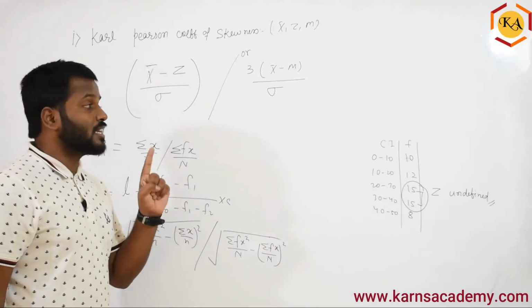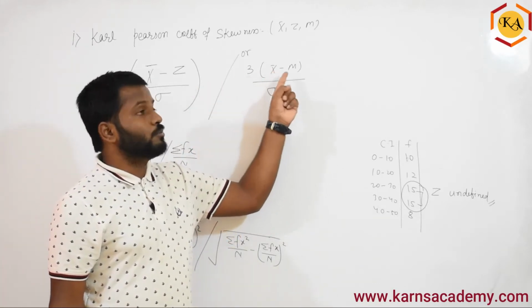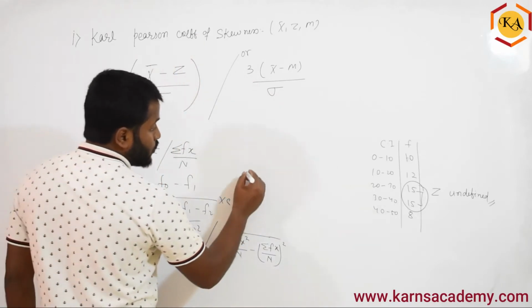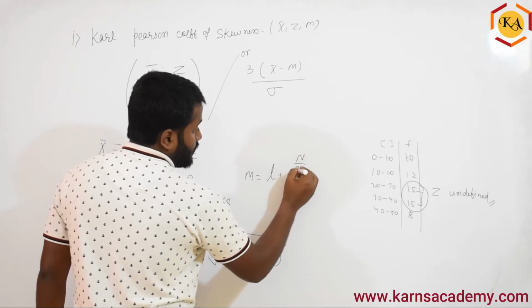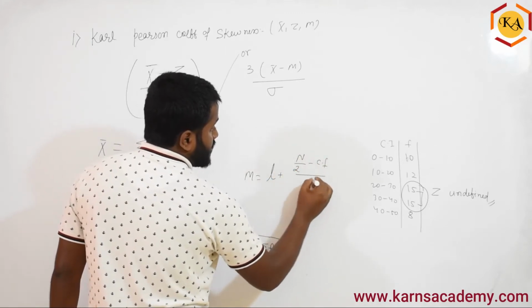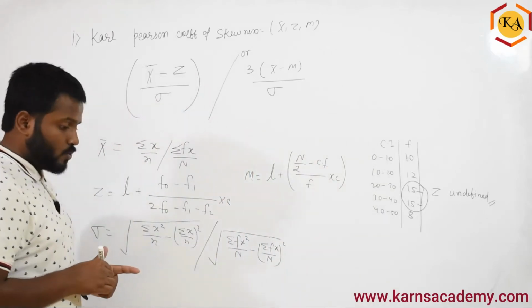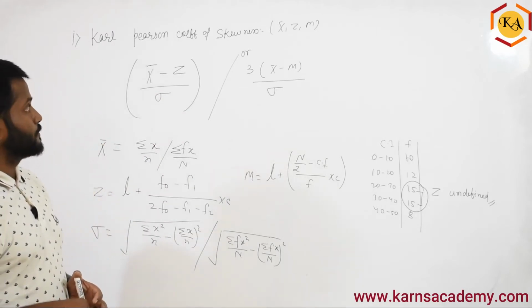Only if the mode is undefined, you use this particular formula, where instead of mode you use the median to find the skewness. And for the median, you know very well the formula: n by 2 minus cf by f into c. So this is how we calculate the Karl-Pearson coefficient of skewness.